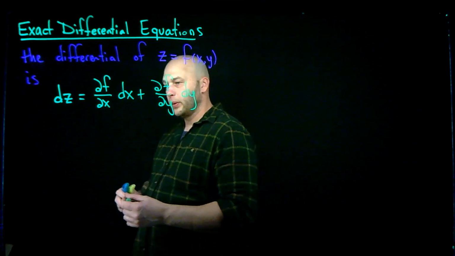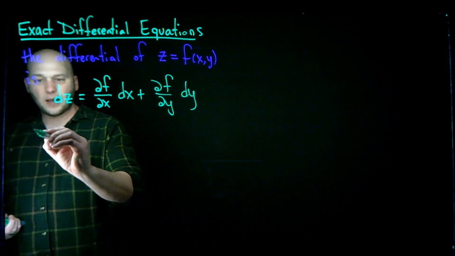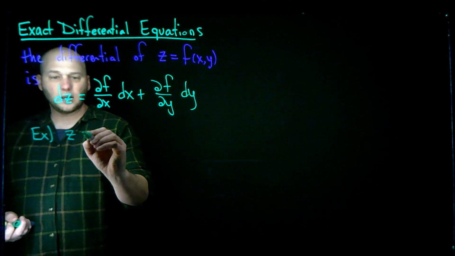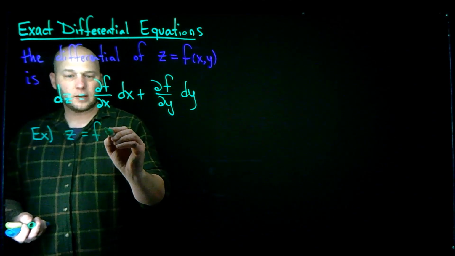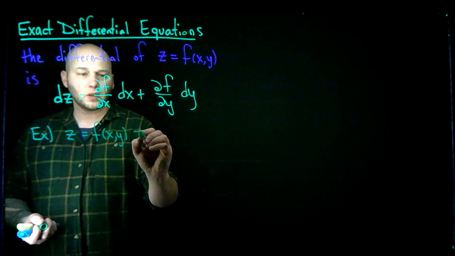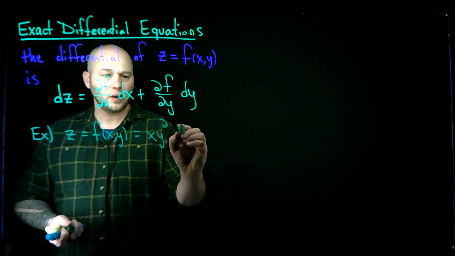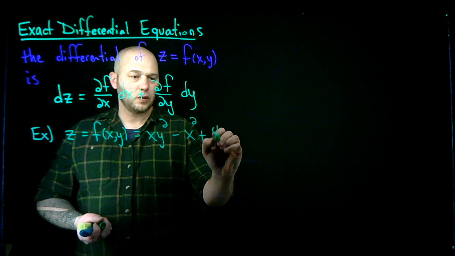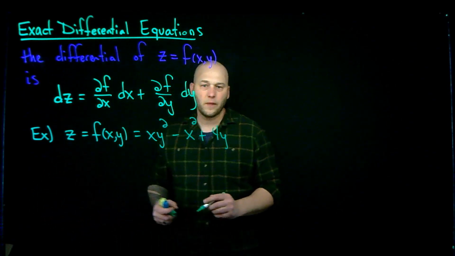For example, let's say z is equal to f of x y, which is equal to x y squared minus x squared plus 4y. So there's a function of two variables.